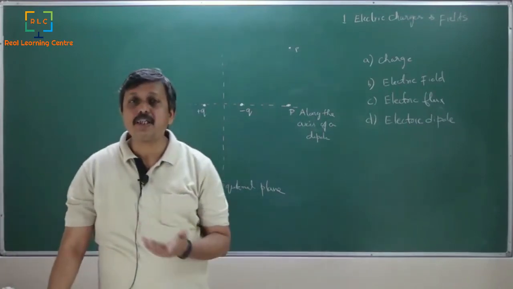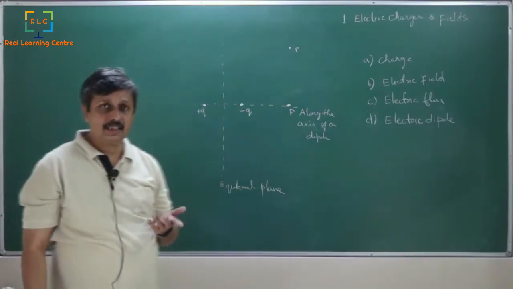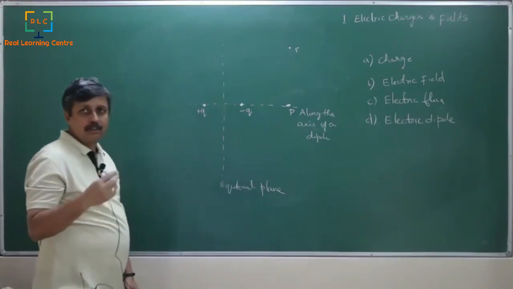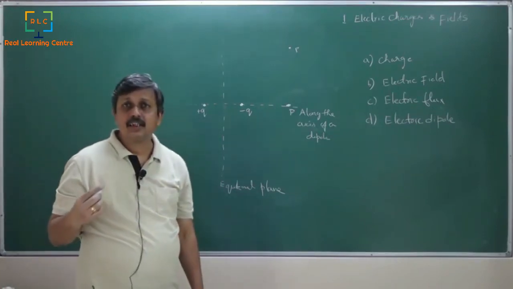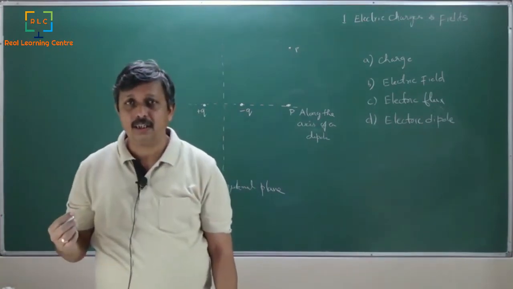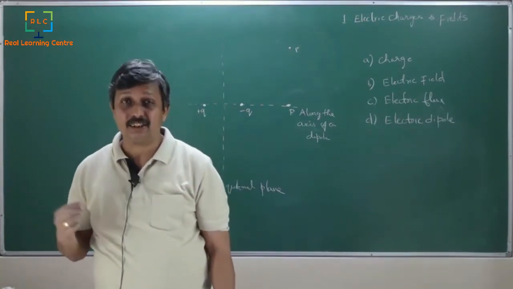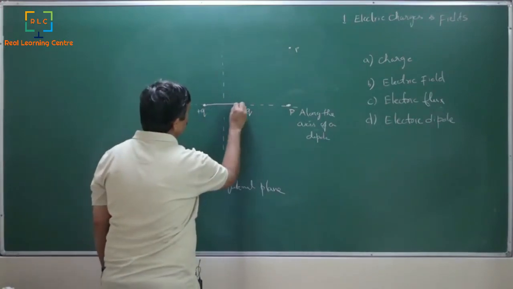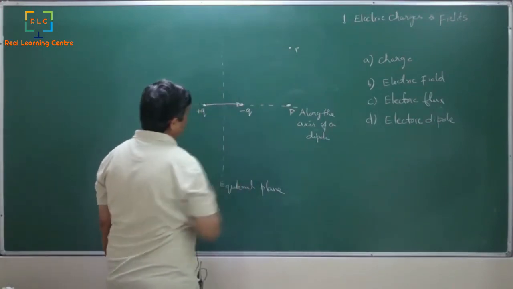And one more important thing that we need to understand here is that we need to have a certain kind of a definition of the directions. Okay, so I am going to draw an arrow from plus q to minus q like this.